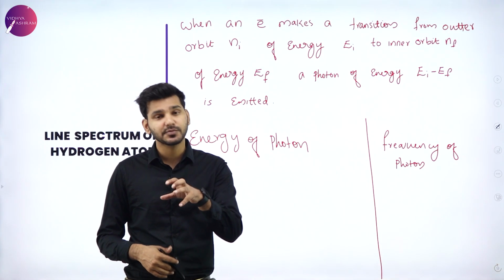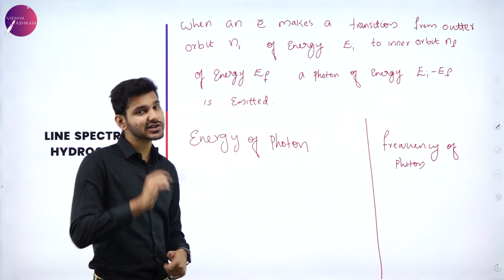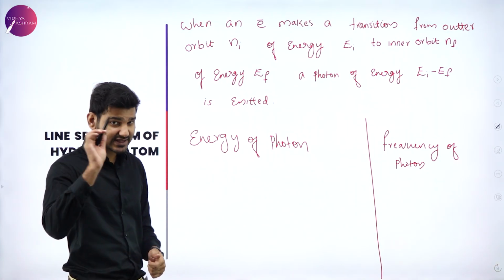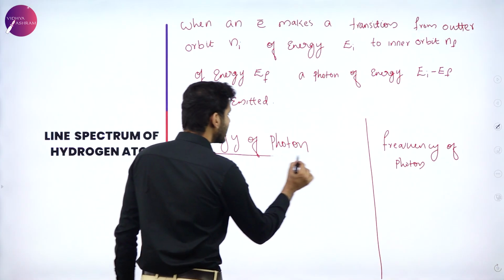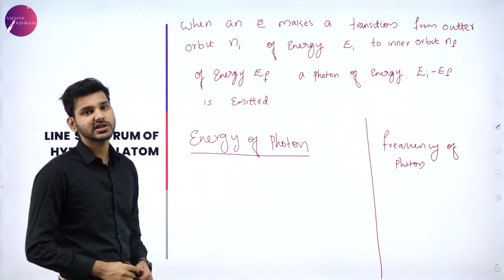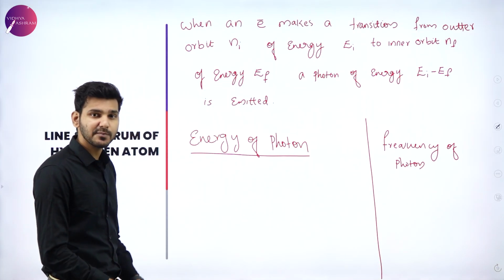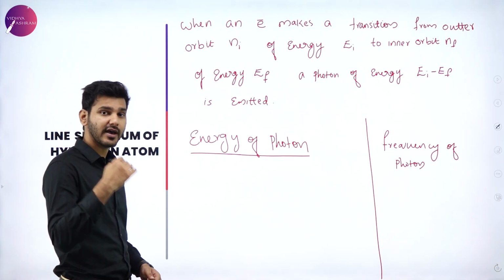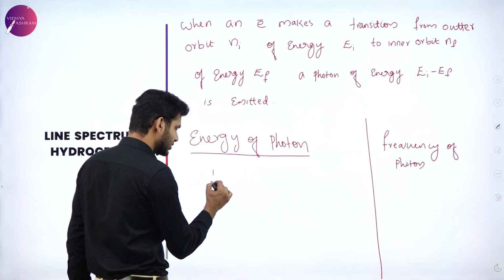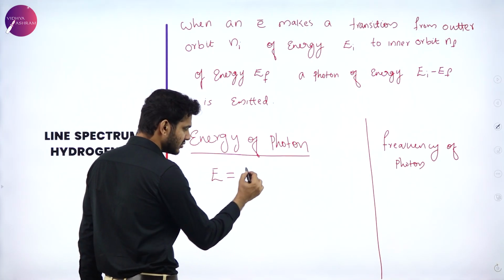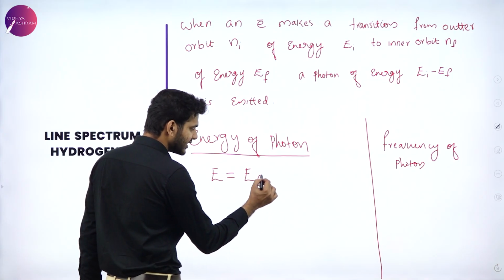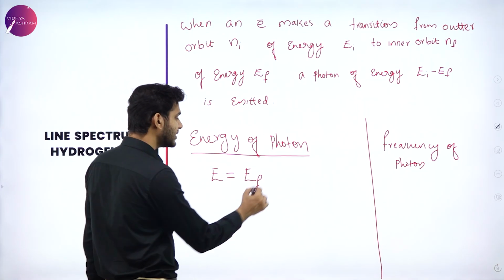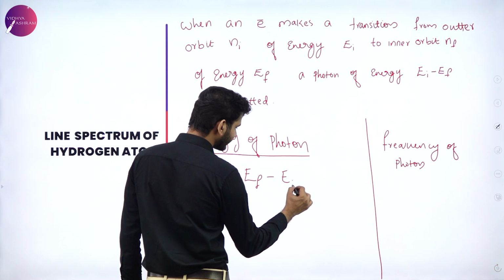Inspired by this equation, Niels Bohr formulated an equation and said that when an electron jumps from a higher state to a lower state, it will emit a photon of energy equal to the energy difference between the final shell and the initial shell.